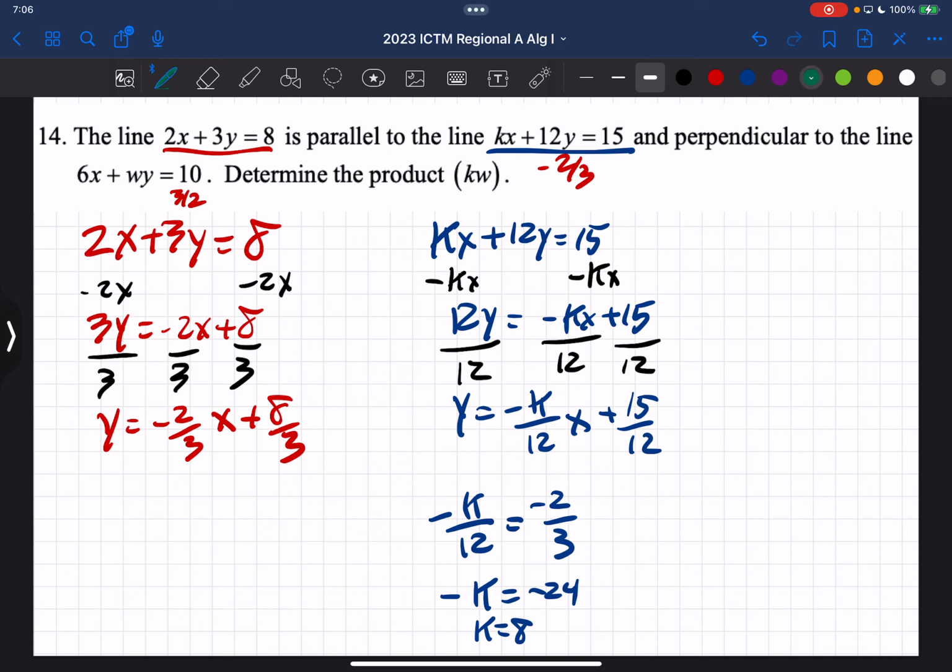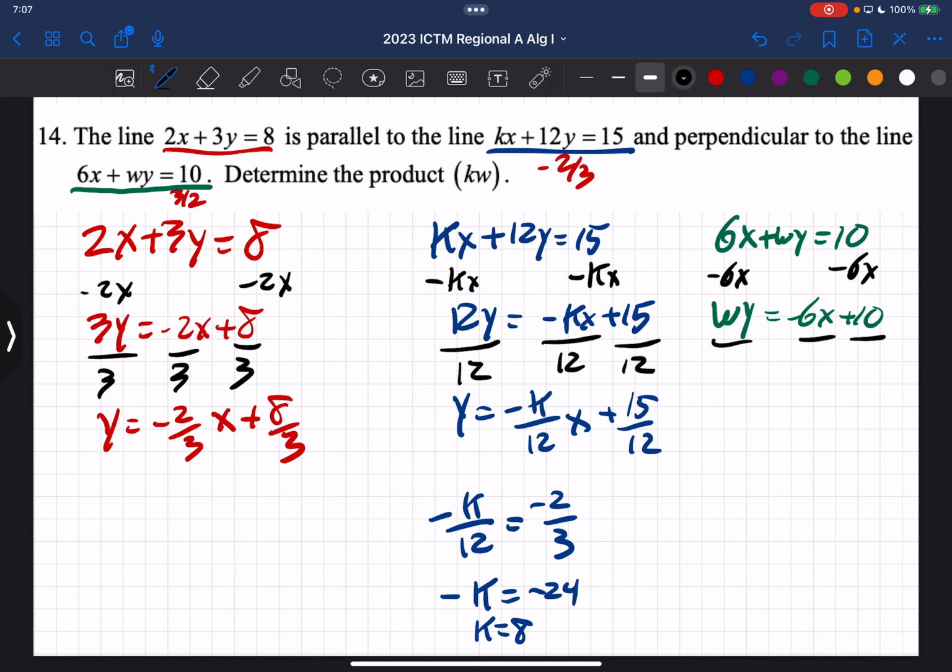Now, let's figure out what w is. So 6x plus wy equals 10. Subtract 6x. So wy equals negative 6x plus 10. And then we'll divide by w. So y is equal to negative 6 over w, x plus 10 over w.